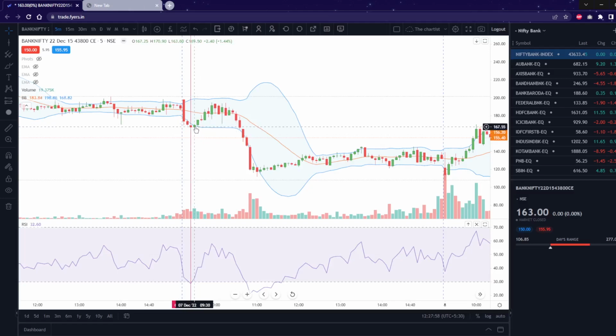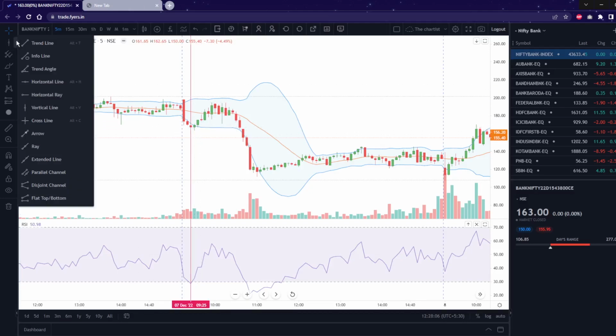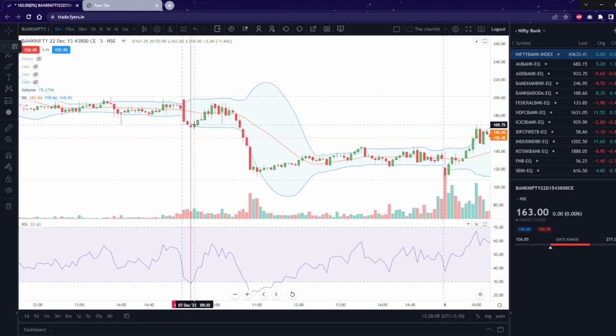So this is the candle where the price just closed above the lower part of the Bollinger band. So we are going to simply take an entry over here. Once we take an entry, the stop loss should be placed at the low of the same candle or the low of the previous candle, whichever you feel comfortable.